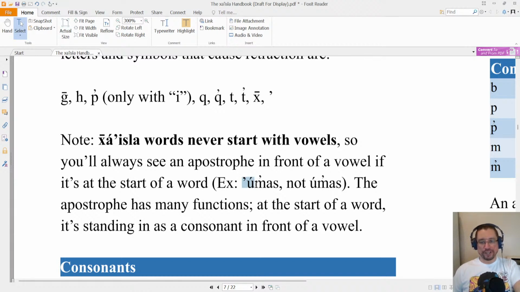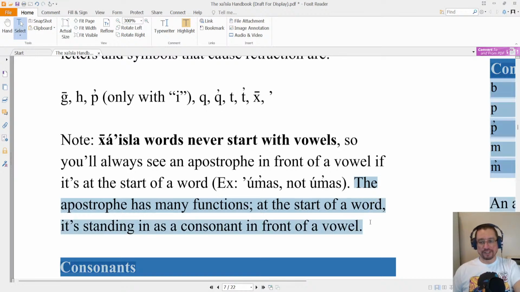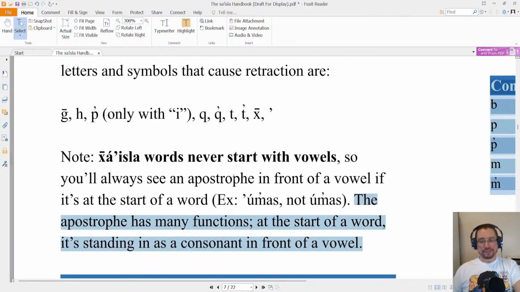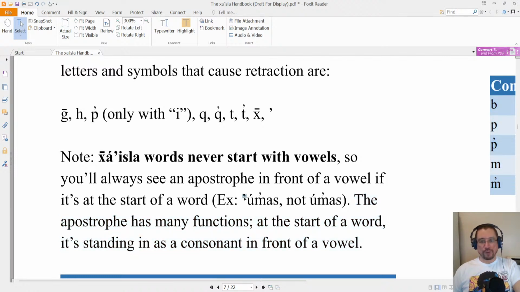So it's apostrophe U because it's at the start of a word, not like this where there's nothing in front of the U. So the apostrophe has many functions. At the start of a word, it's standing in as a consonant in front of a vowel. Since we can't start xa'isla words with vowels, we put the apostrophe in front of it because it's considered to be a consonant, but it doesn't actually have a sound attached to it.